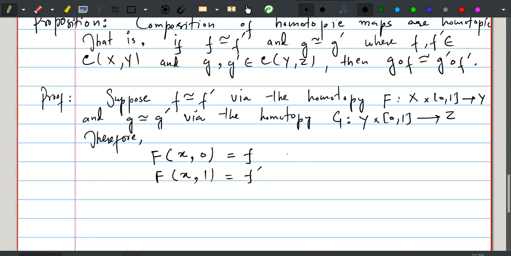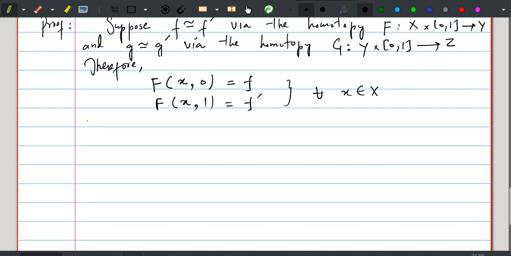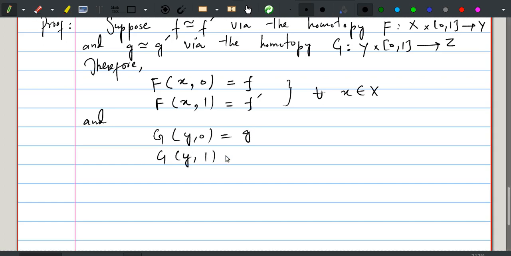This is for all x in x. Similarly, when we restrict G to 0, we get g, and when we restrict G to 1, we get g prime. This is again true for all y in y.